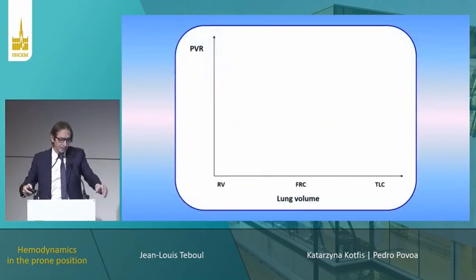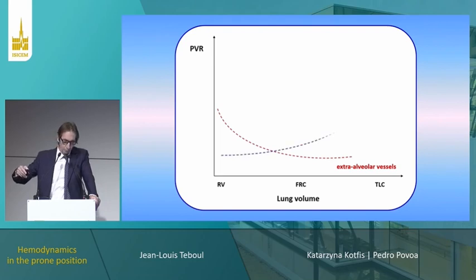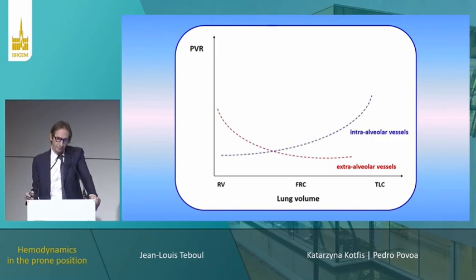If I represent this on this classical graph, with pulmonary vascular resistance on the y-axis and lung volume on the x-axis from residual volume to total lung capacity, the resistance of the extra-alveolar vessels decreases from RV to TLC. But we also have intra-alveolar vessels, and the resistance of these vessels increases with lung volume.